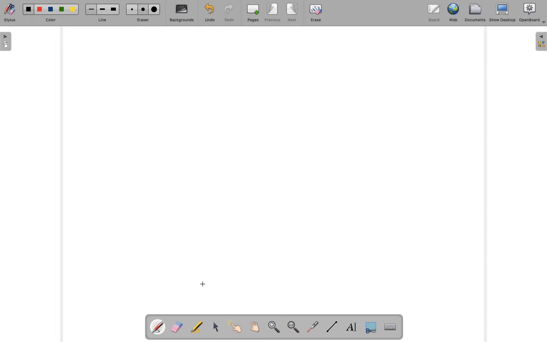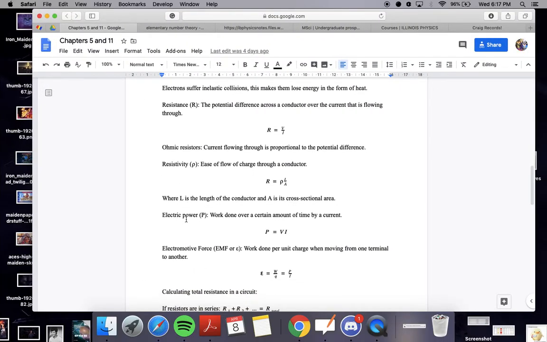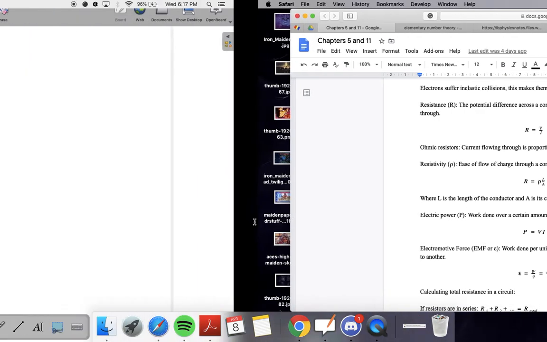Alright, then let's move on to 5.2, heating effect. So when electrons are traveling through a medium, like let's say a conductor, for example a copper wire, they suffer inelastic collisions with the atoms in the medium, which makes them lose energy in the form of heat.